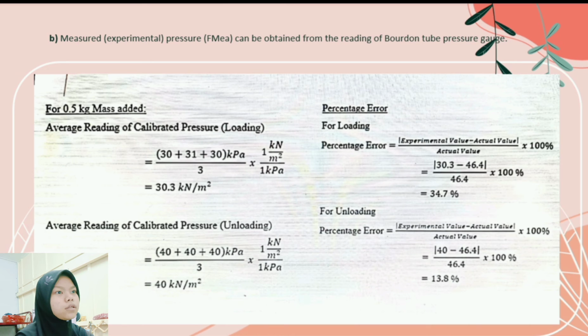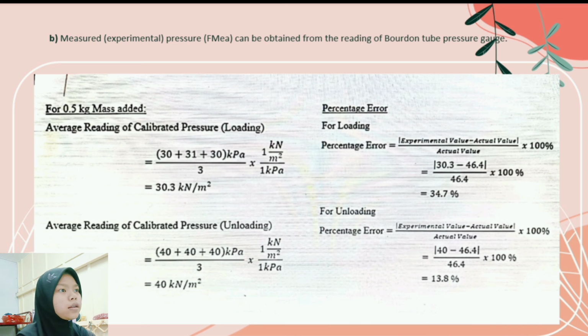So 30 plus 31 plus 30 kilopascal, then divided by 3 to get the average, and times 1 kilonewton per meter squared over 1 kilopascal, and then we get 30.3 kilonewton per meter squared. After that, we calculate the average reading of calibrated pressure unloading, and we get 40 kilonewton per meter squared.